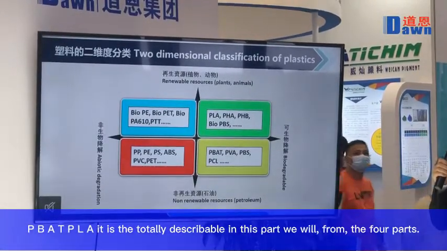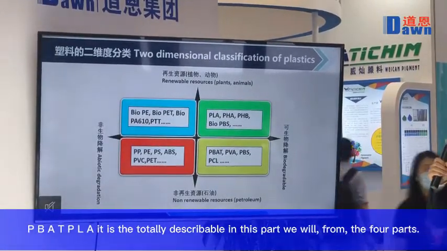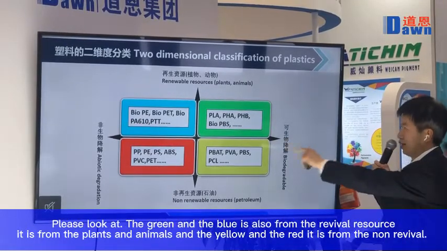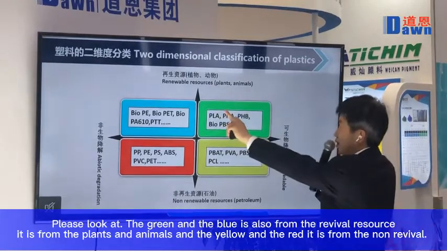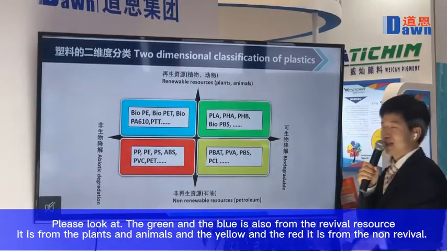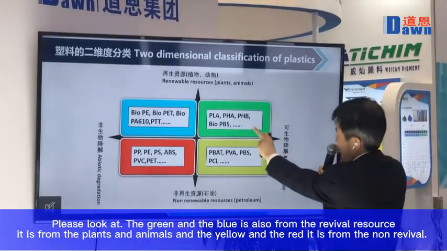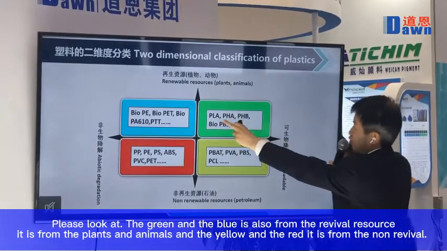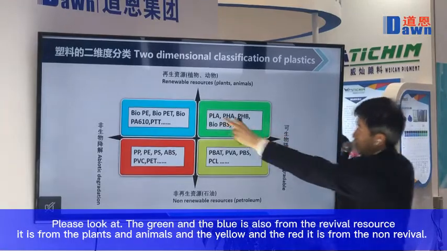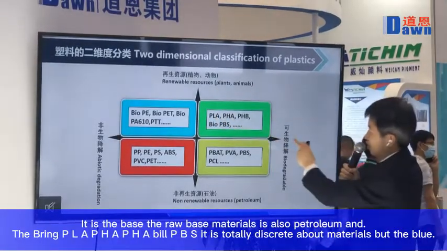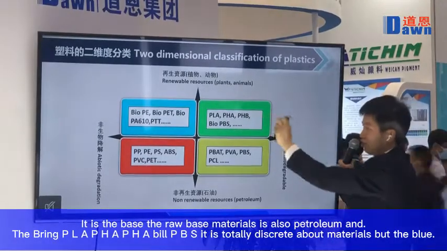In this part, we will look at four parts. Please look at the green and the blue: they are from renewable resources, from plants and animals. The yellow and the red are from non-renewable resources. The raw material is petroleum.